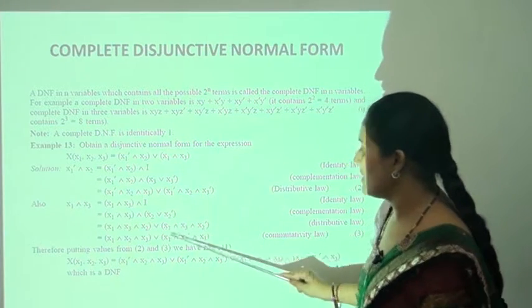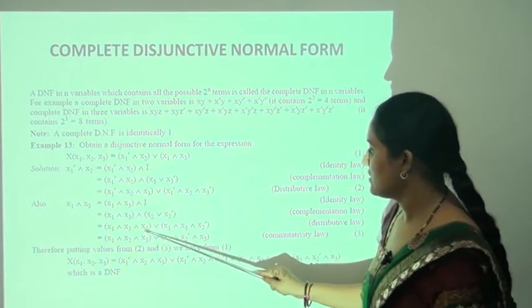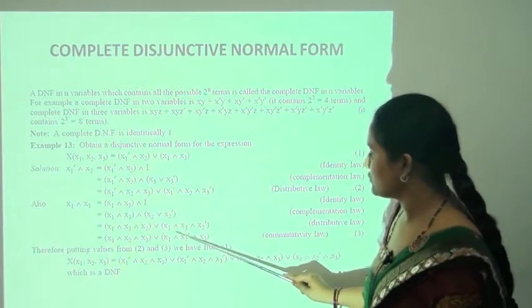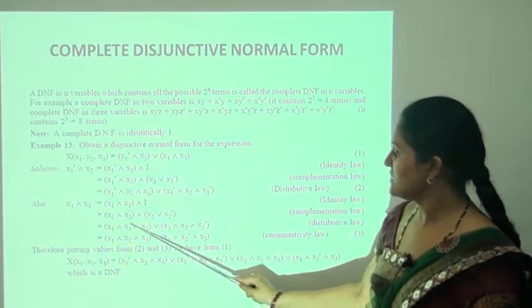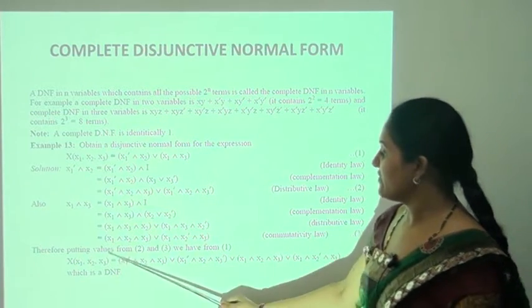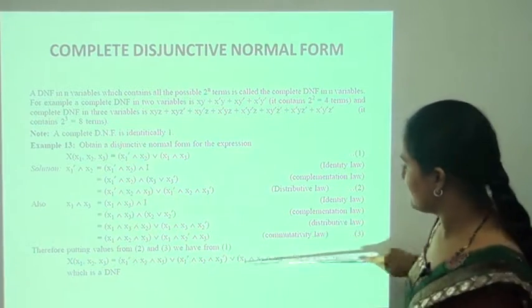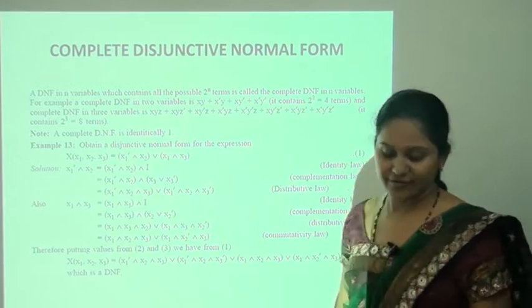This is the distributive law: x1, x2, x3 and x1, x2, x3 dash. So using this we can write it, and putting the values from this into this equation, we have got this one, which is a DNF.